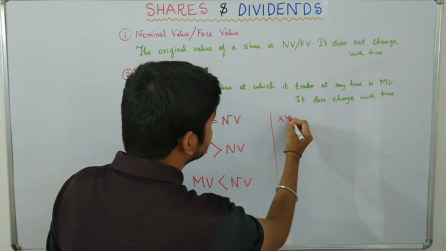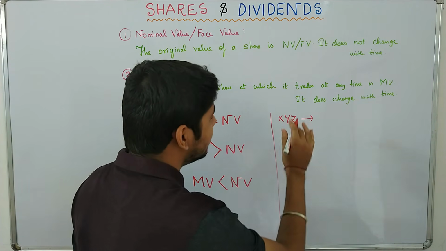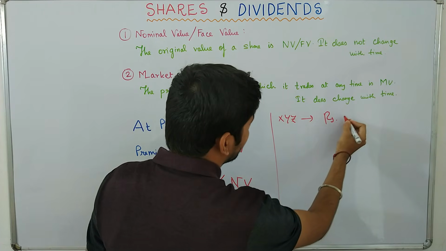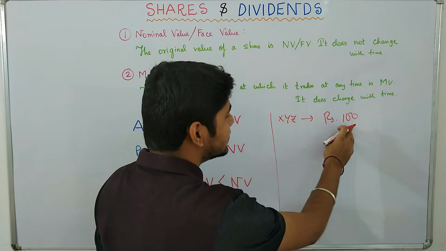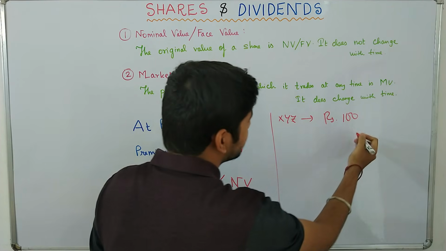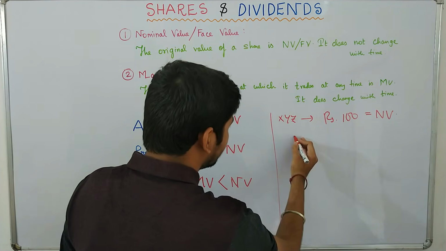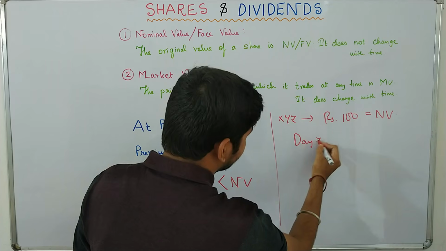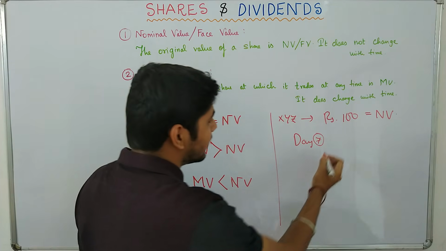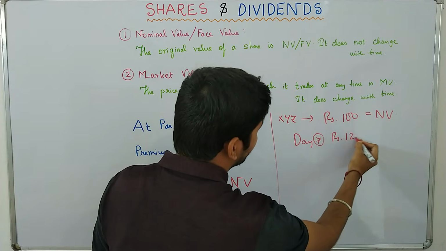Say company XYZ decided to sell its shares at rupees 100. This is the fixed price that was decided by the company, and that means rupees 100 is the nominal value. Say after 7 days, the price of the share in the market gets to rupees 120.